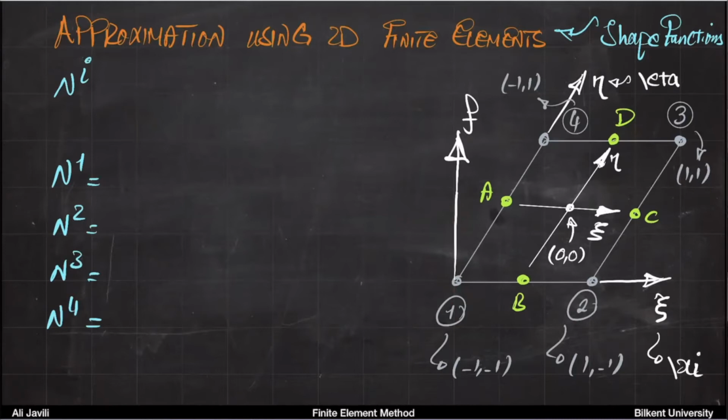Ni, for any i, what was the property it had? It is 1 at node i, right? And 0 elsewhere, at other nodes.